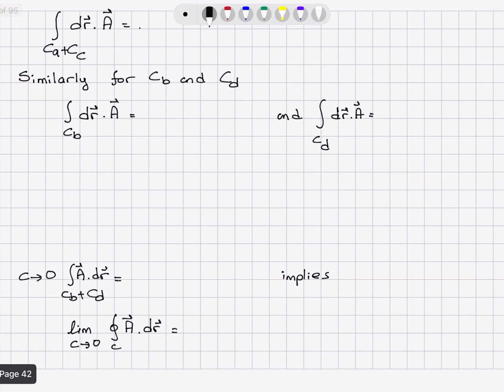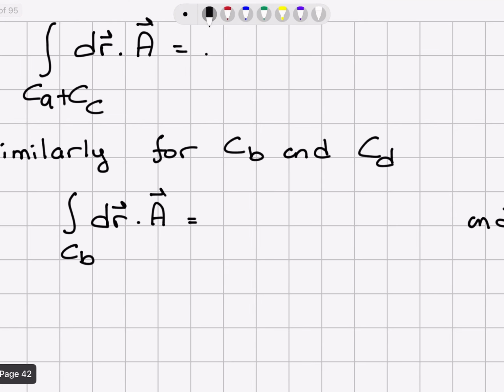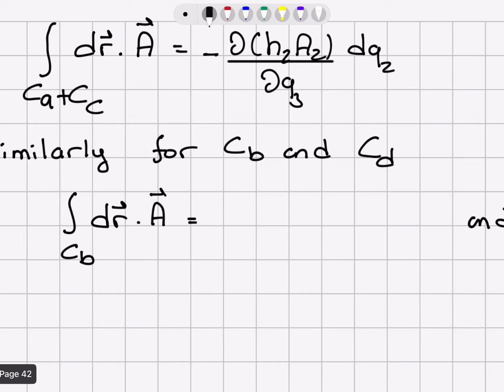So when I put these together, the integral gives me minus del H2A2 del Q3 and dQ2 dQ3.